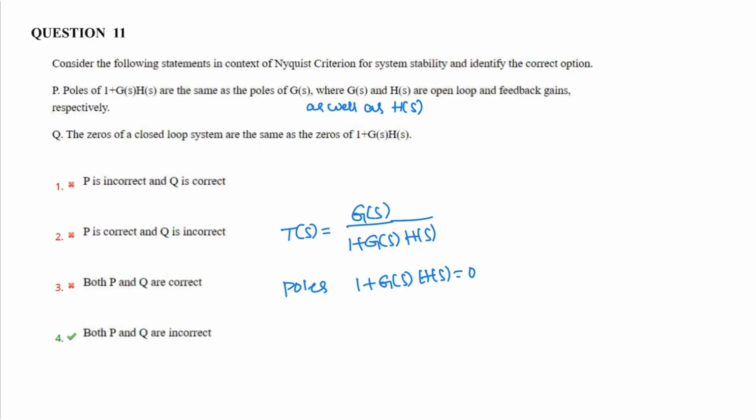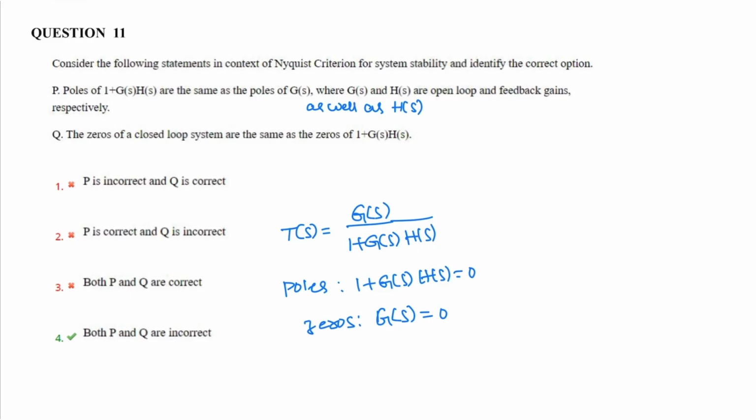Similarly, the zeros of the closed loop transfer function are the values of s that make the numerator, here G(s), 0. Simply, the roots of the numerator are zeros, and the roots of the denominator are poles.